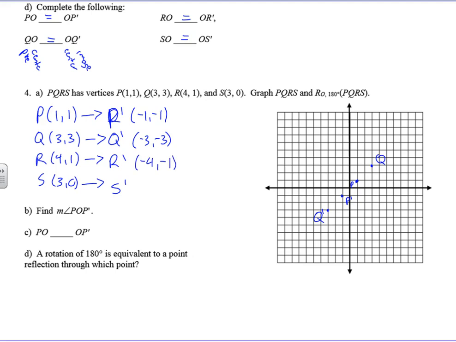I forgot to plot it. Again, turn the paper twice, and it's going to come out to be here, R prime. And S, 3, 0, turn it twice, negative 3, 0. Okay, so S prime. Let me connect those.